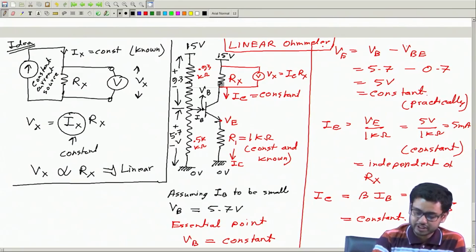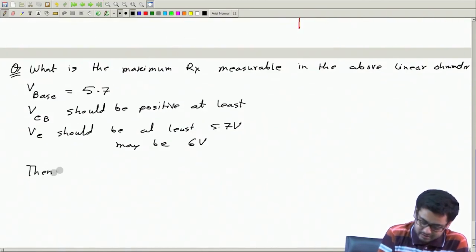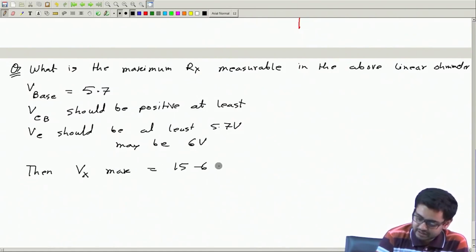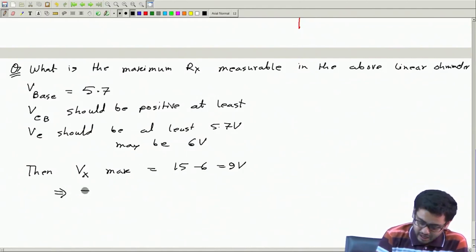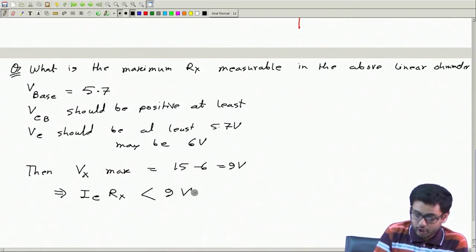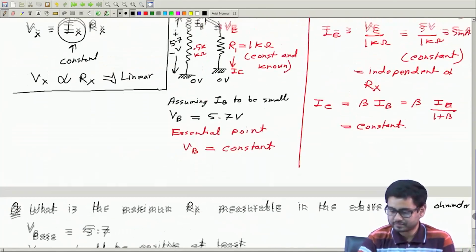Then the maximum voltage drop that I can allow across Rx, Vx max, is 15 minus 6 is equal to 9 volt, right? This implies IC Rx is at max 9 volt, and from this I can calculate Rx should be less than 9 volt by IC.